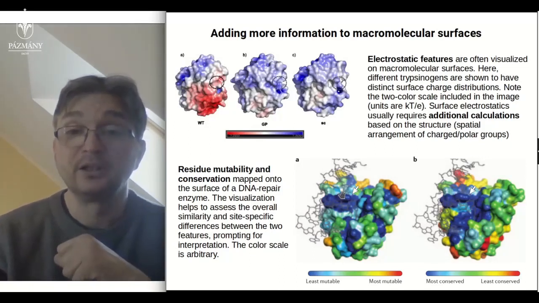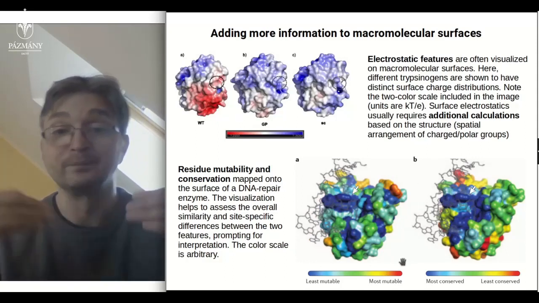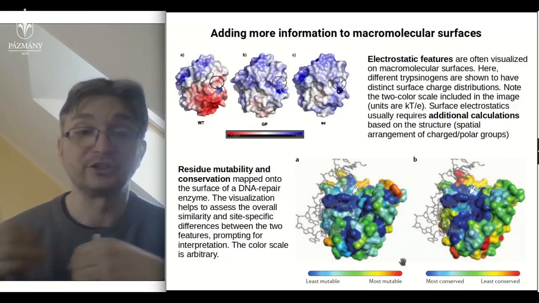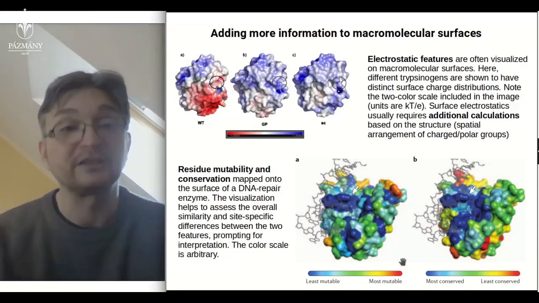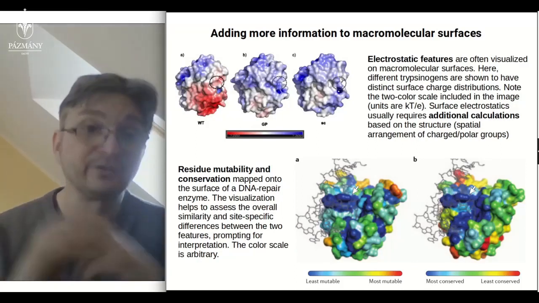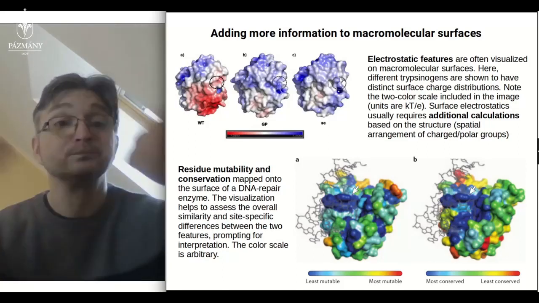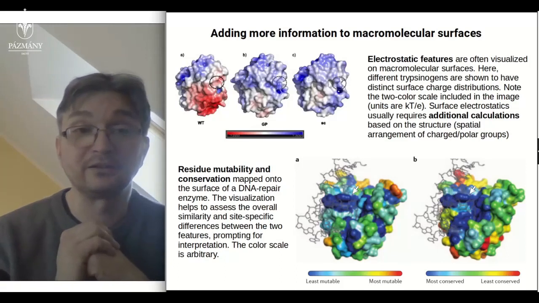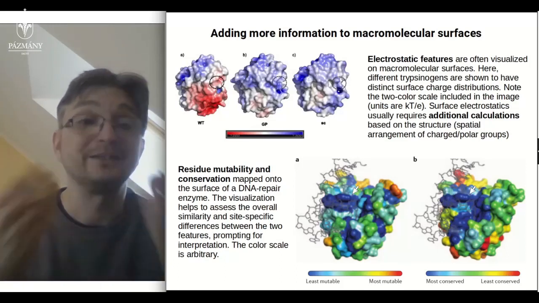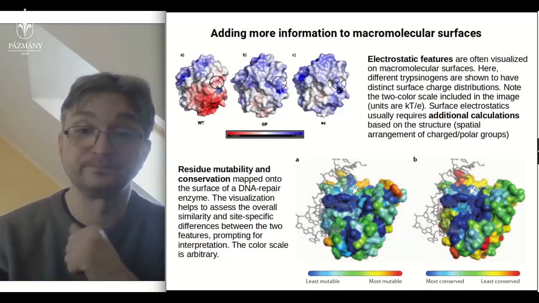And these two aspects are shown in this surface, and this kind of representation very nicely shows you that the mutability and evolutionary conservation give us a similar pattern, but not exactly the same pattern. So you can think of what differences in an in vitro environment and in an in vivo evolutionary setting influence the function of a given protein.